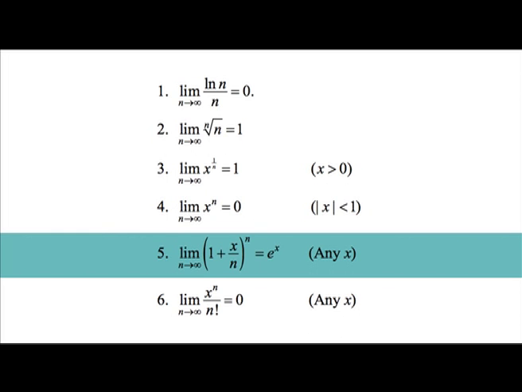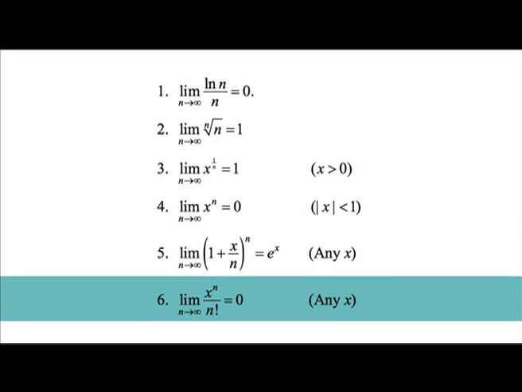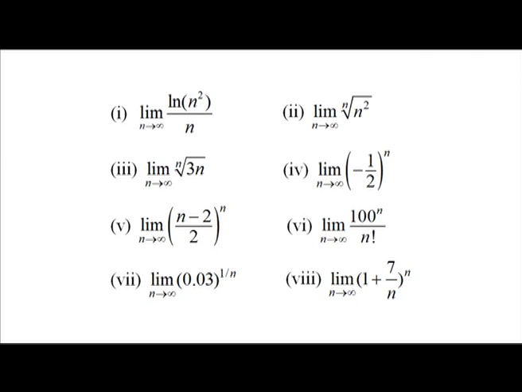Fifth one, the limit of 1 plus x upon n whole power n as n approaches infinity is e power x for any x. Sixth one, the limit of x power n upon n factorial as n approaches infinity is 0 for any x. In the limits 3 to 6, x remains fixed as n approaches infinity.